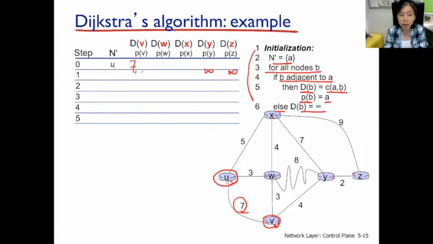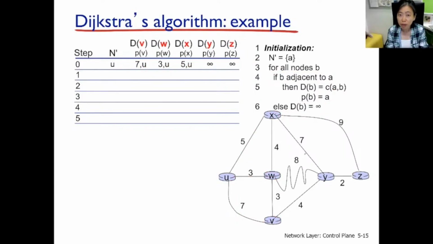Therefore, the previous node must be the source, U. For W, link cost being 3, so 3 here, predecessor again U. For X, link cost being 5 and predecessor U. So 7 U, 3 U, 5 U, infinity, infinity. Okay, so we just finished the initialization phase of the Dijkstra algorithm on the example.